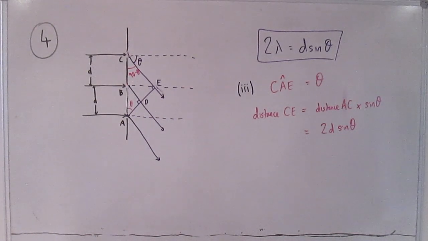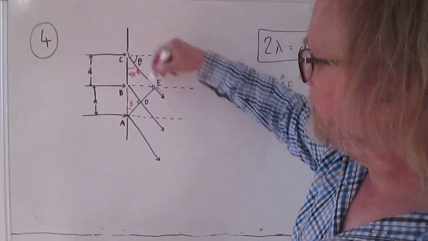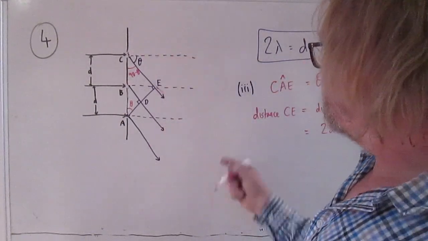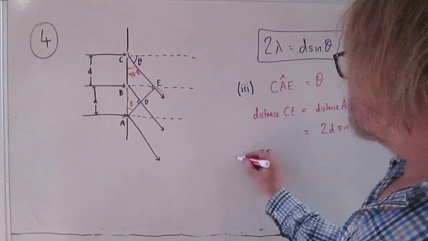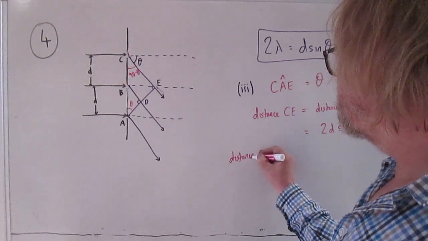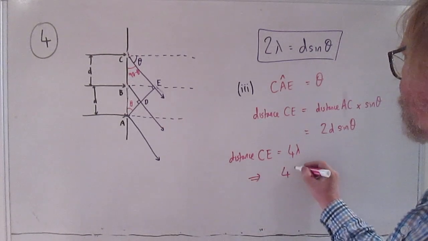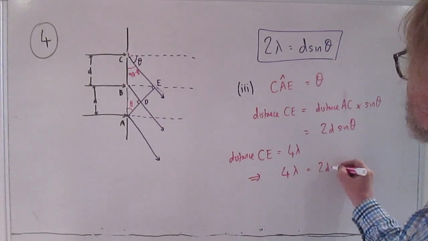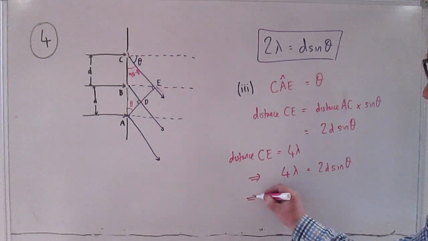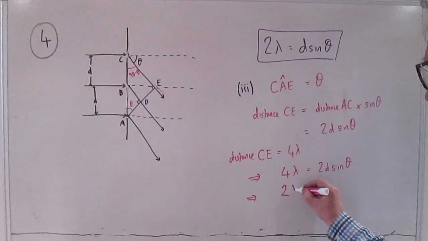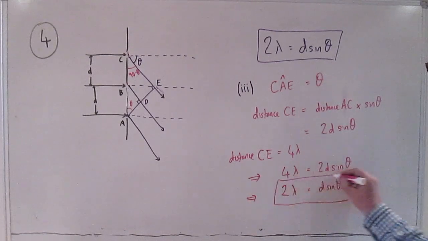Now distance CE, we've worked out, must be 4 lambda in order to get constructive interference. Okay, and that was in the previous part, so we know that distance CE is 4 lambda. So putting those together, we get that 4 lambda is equal to 2D sine theta, and then dividing by 2, we just therefore get that 2 lambda is equal to D sine theta, which is what we set out to prove.